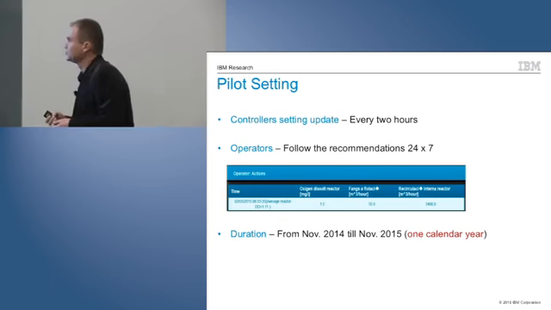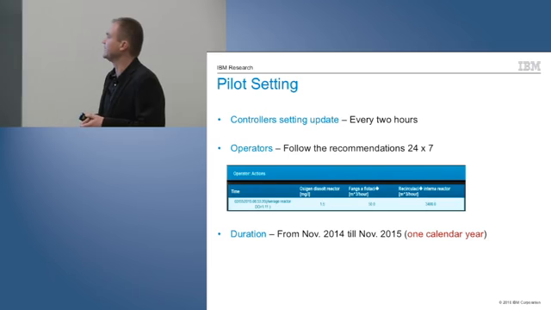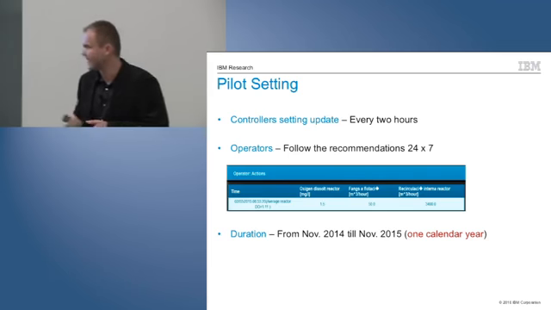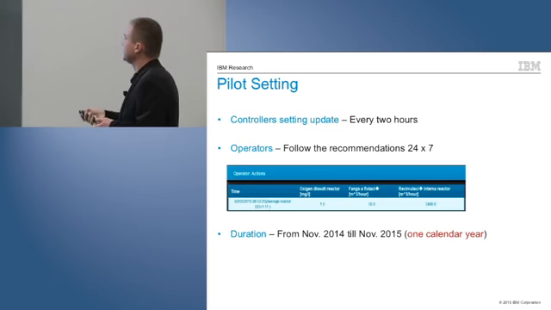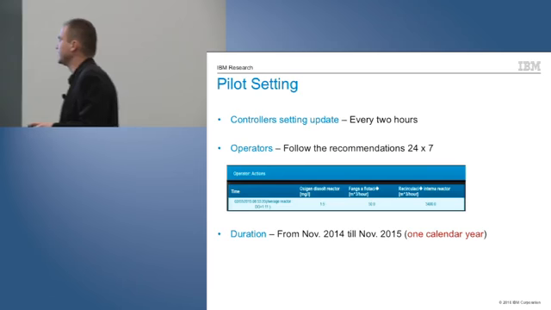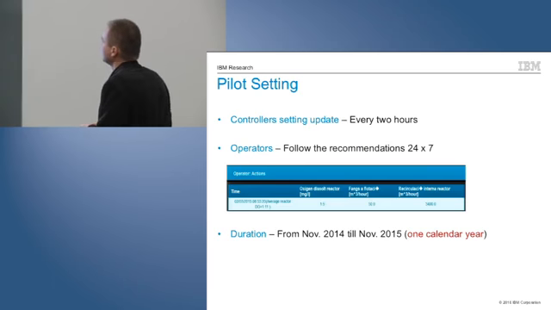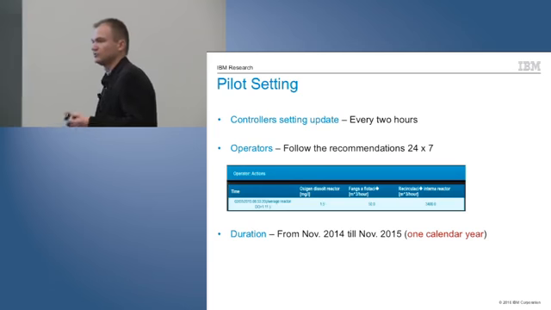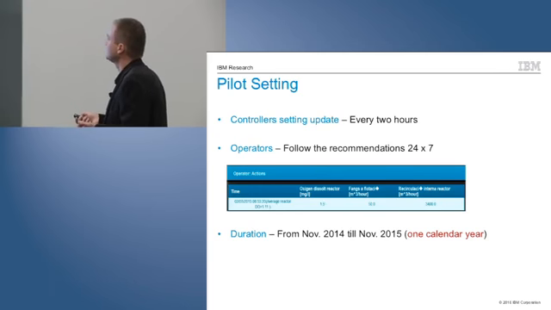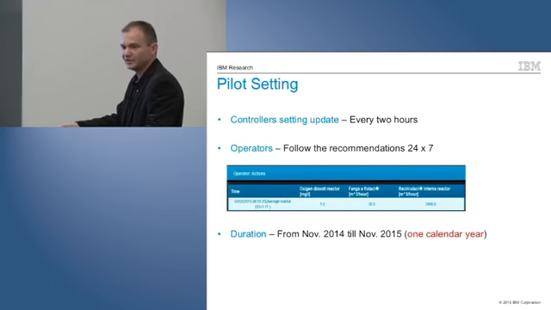Operators followed policies that our system recommended 24/7 for 1 year. Here you can see a user interface that the operator saw on their computer. There are 3 values corresponding to the set points of 3 controllers. Every 2 hours, the operator comes, presses the refresh button, and sees new recommended set points.